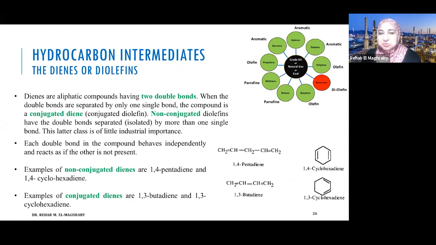So we finished the olefins. We talked about paraffins, and we talked about olefins. Let's see which building blocks we talked about. We talked about methane, which is a paraffin.